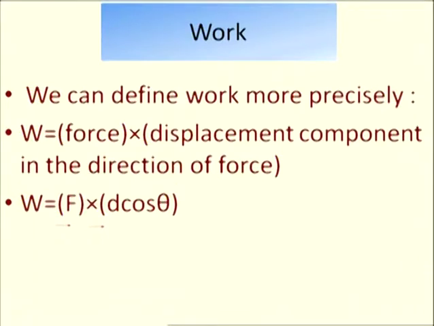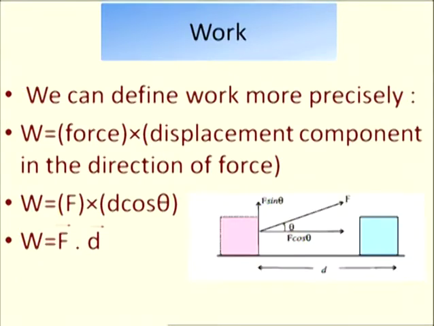So work is equal to F into D cos theta, and in terms of vectors we can say work is vector F dot vector D. You can see this clearly from this figure: the force is applied at an angle theta degrees here. So the component in the direction is F cos theta and the displacement is D.